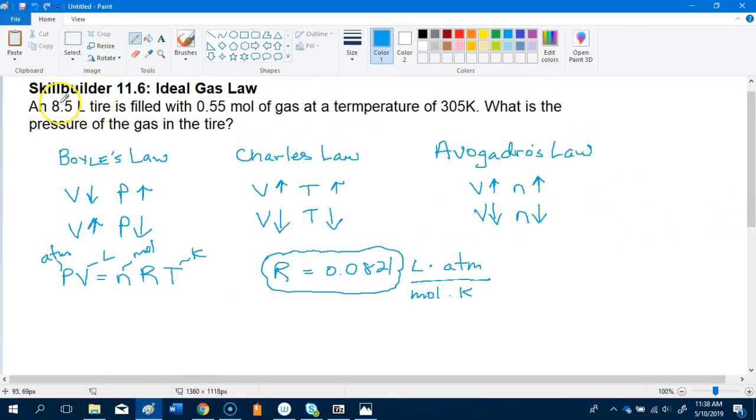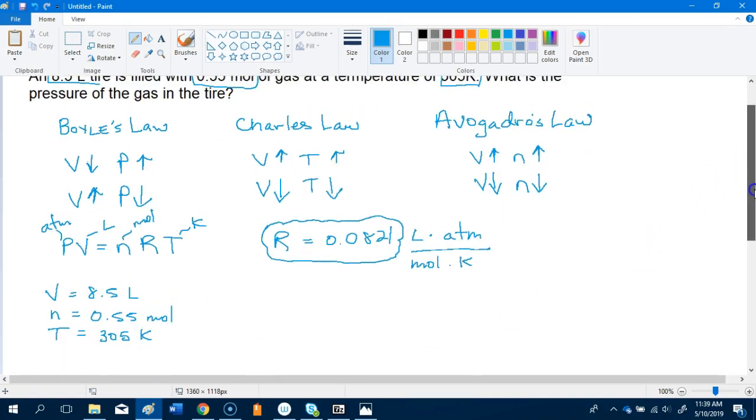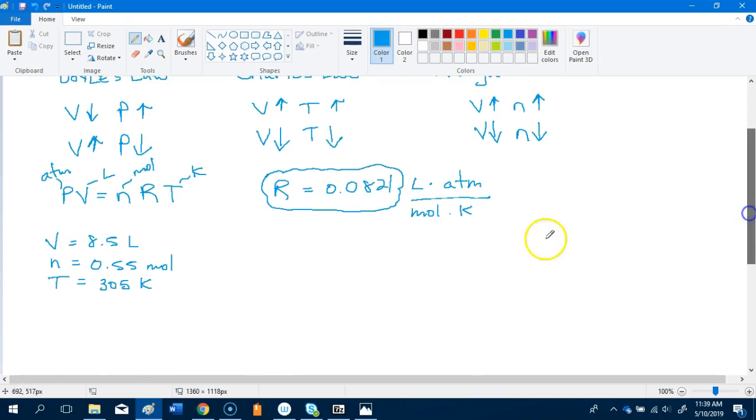In this case, we are given a volume of 8.5 liters of gas, an amount n equal to 0.55 moles, and a temperature of 305 Kelvin. So far all of our units are fine. We just need to find the pressure, which will be in atmospheres.